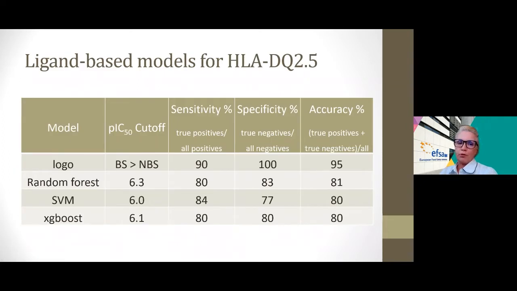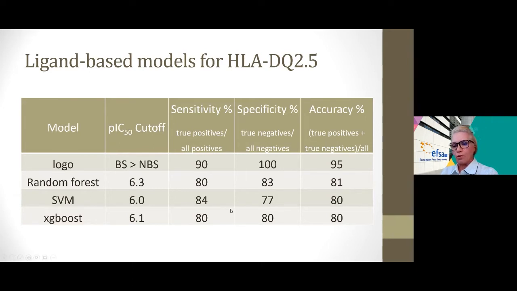Here are given the best performing models from the ligand-based analysis for DQ2.5. I have to say that the models derived on binary coded peptides perform better than the models derived on peptides coded by Z-scores.